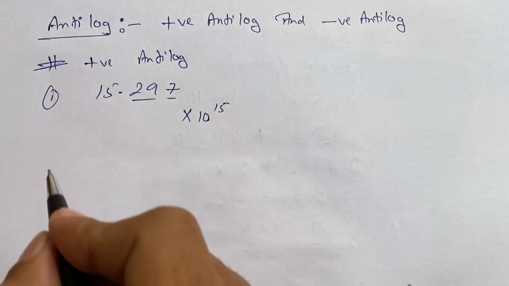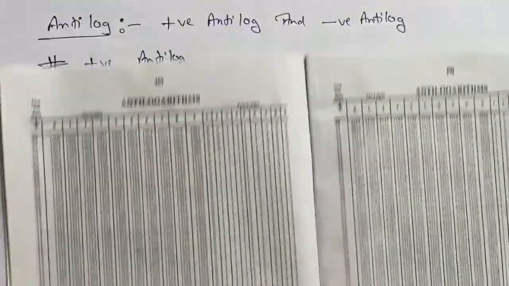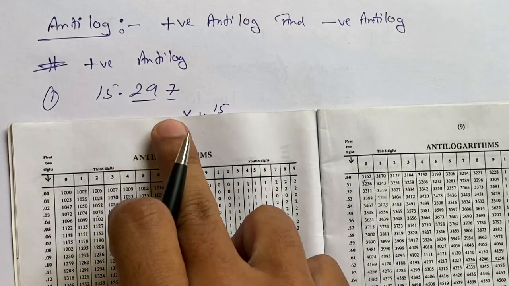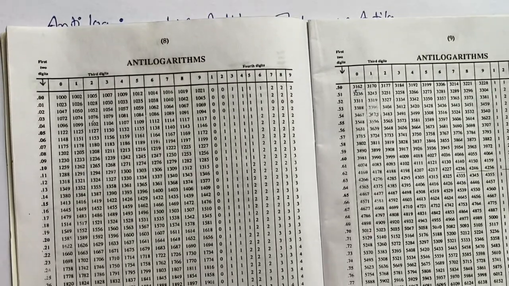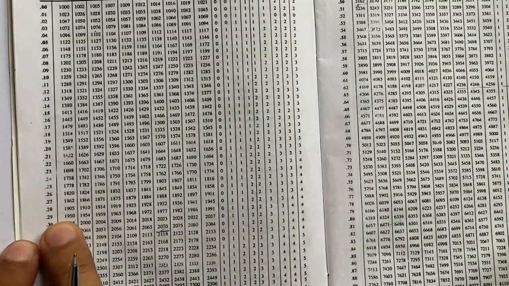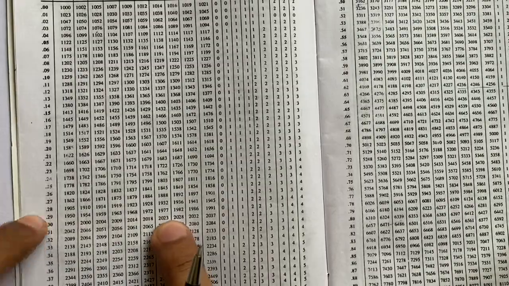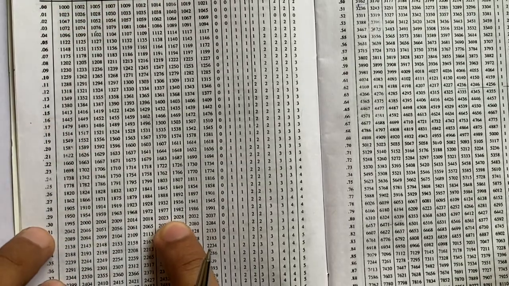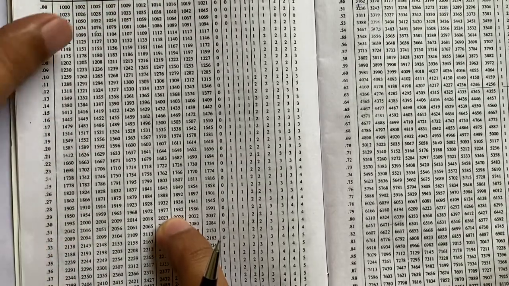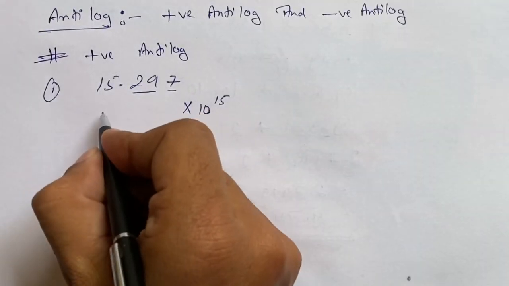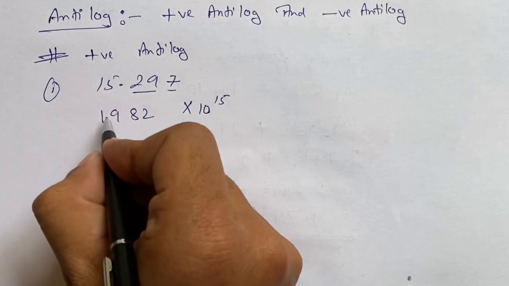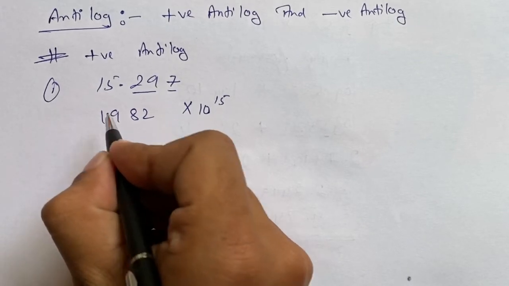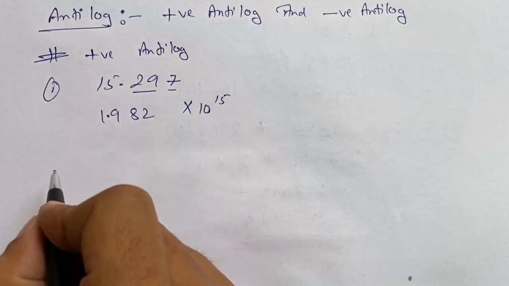You have to look for the chart in the table. 29 under 7. 29 is written over here. 29 under 7, this 7, it comes out to be 1982. So straight away 1982. Always put point after the first digit in antilog.